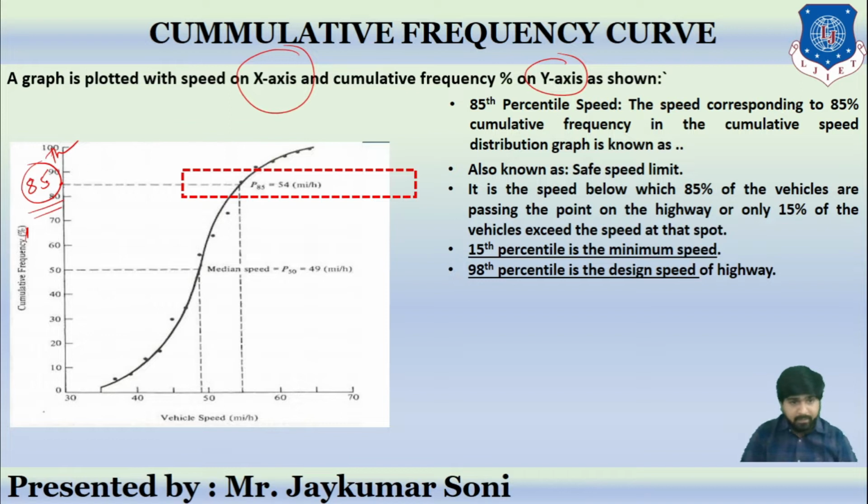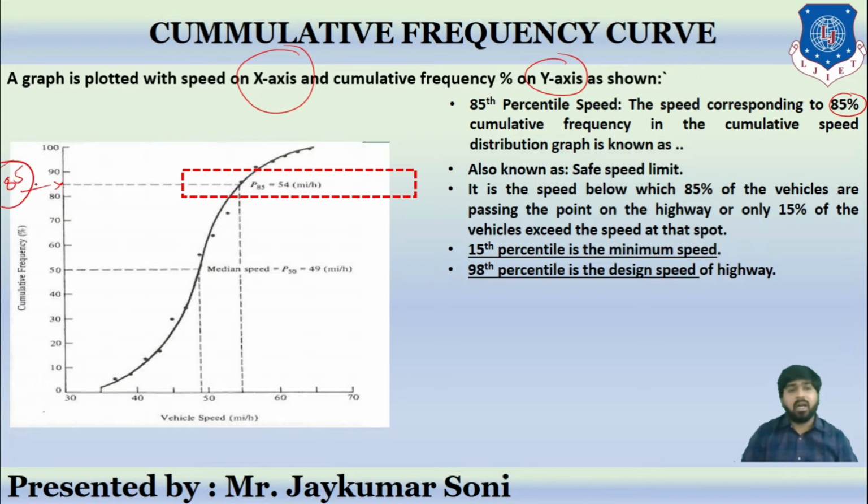The speed corresponding to 85 percentage cumulative frequency in the cumulative speed distribution graph is called the 85th percentile speed. Let me repeat it once again. This is the cumulative frequency curve and this is speed. These are various percentages and this I am marking as 85.